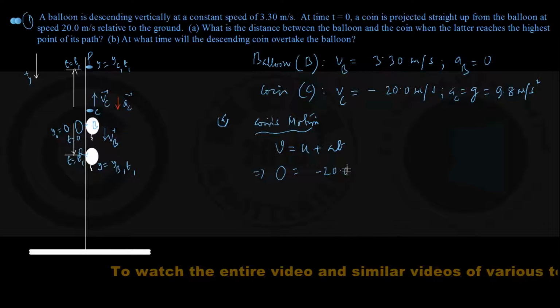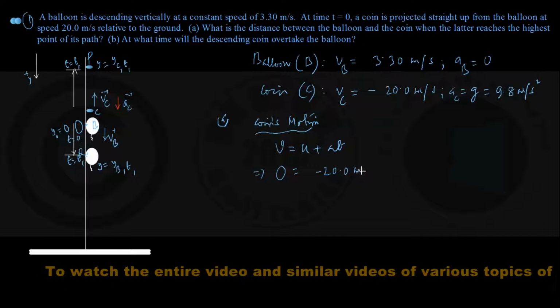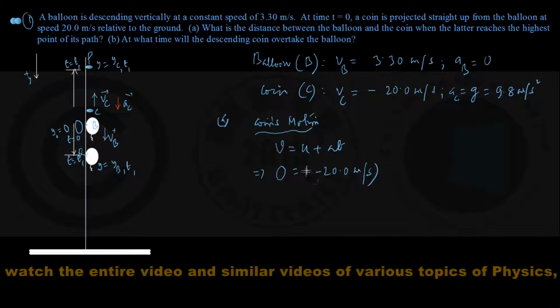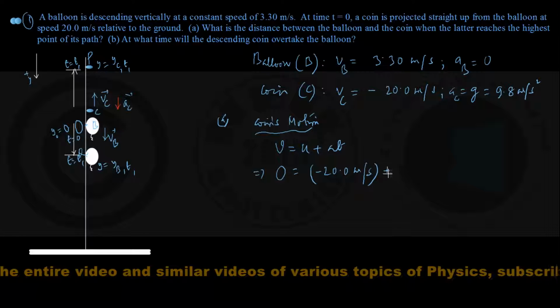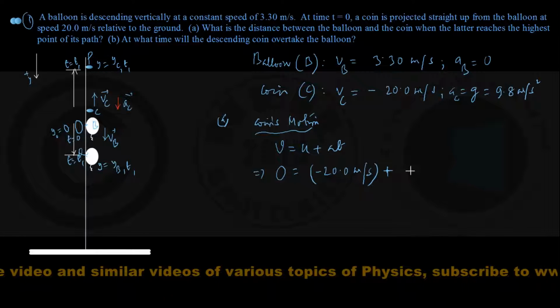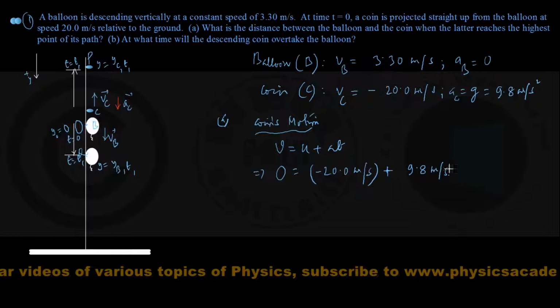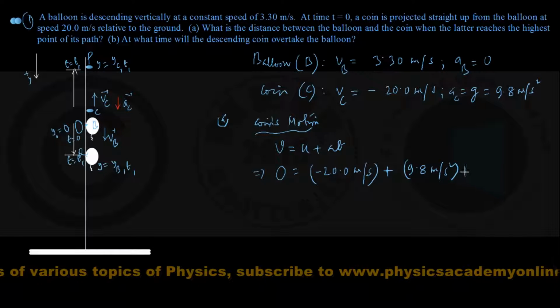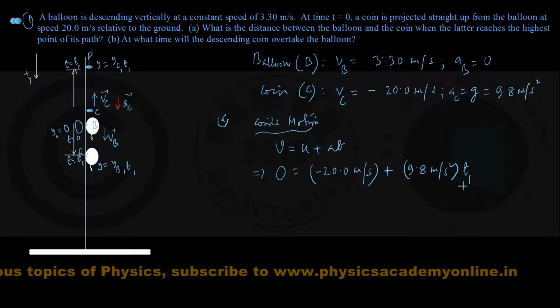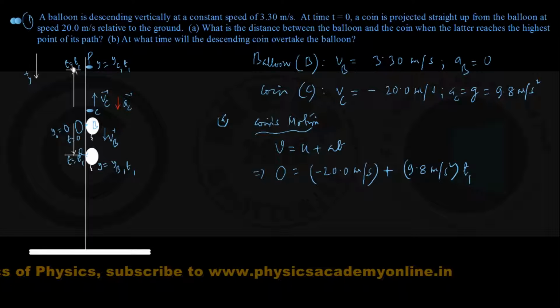We are careful about assigning plus or minus values depending on the sign convention adopted. Plus, acceleration of the coin, that is g, downward, positive 9.8 meters per second squared, and the time taken for the upward flight of the coin is taken to be t1 already.